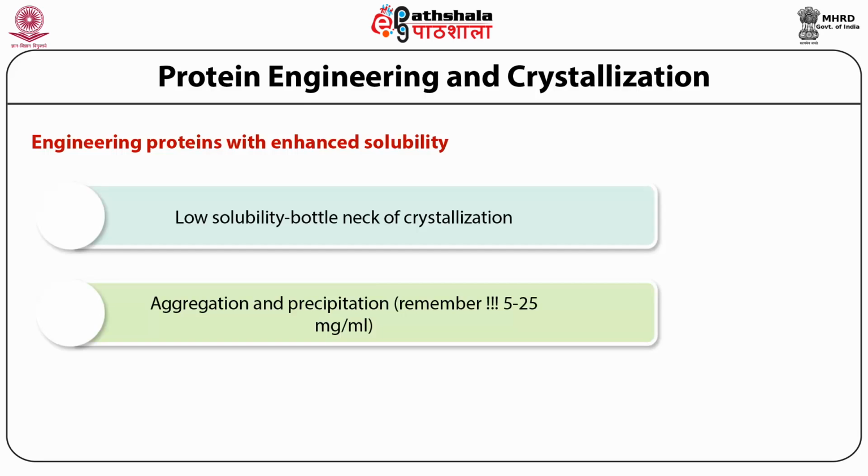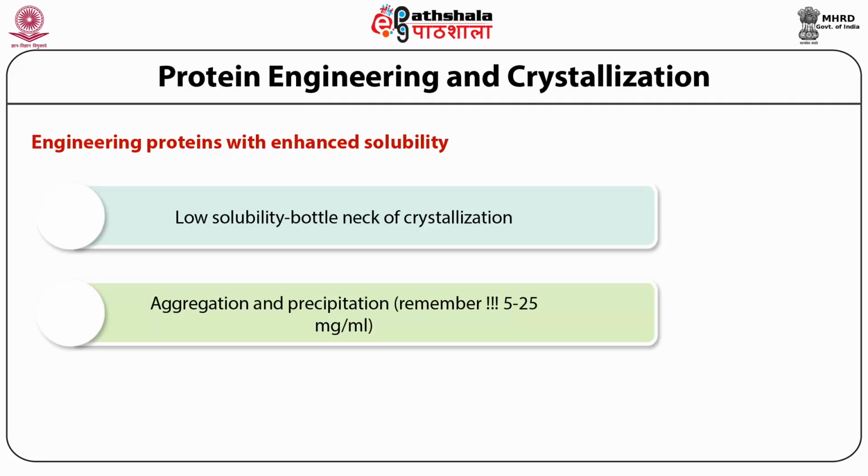When I say aggregation, there are two types. Sometimes aggregations can be seen, visible aggregates. Sometimes even invisible aggregates can be there. That's why we said highly concentrated homogeneous protein for crystallization. So this aggregation is a very serious problem where protein molecules aggregate together, because in crystals molecules are arranged in a periodic manner.